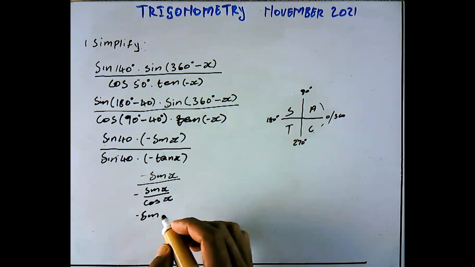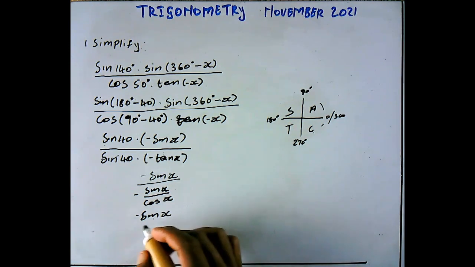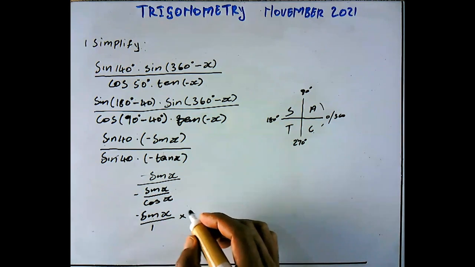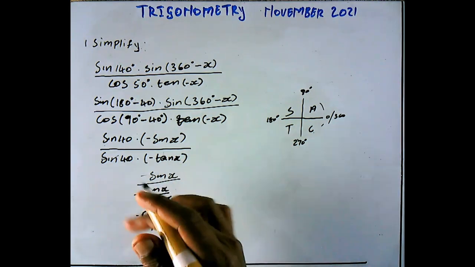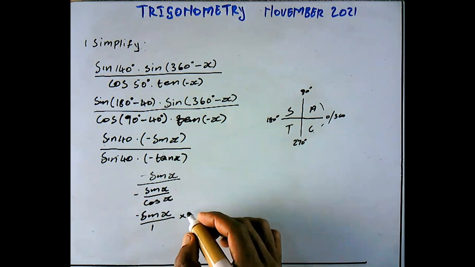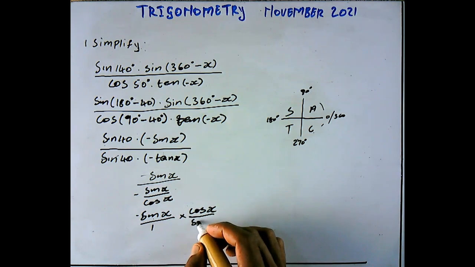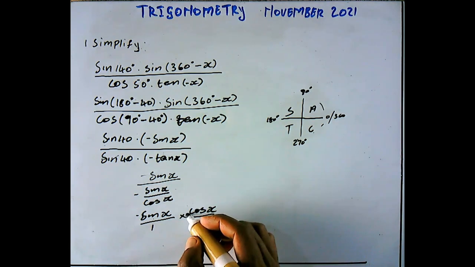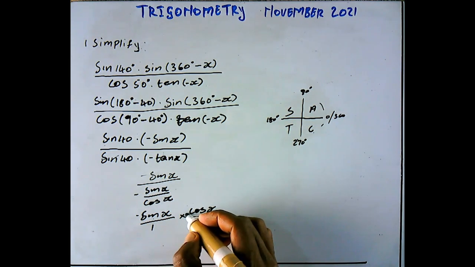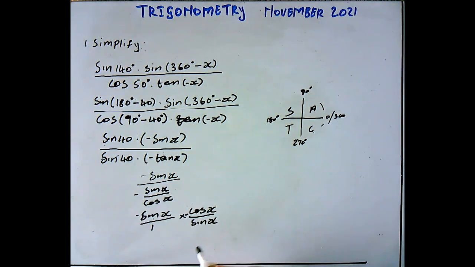Minus sine x over 1, multiplied by cos x over sine x, which is negative. Then the negative will multiply the negative, and sine x will divide sine x. Then we are left with cos x. This is the answer that is needed.